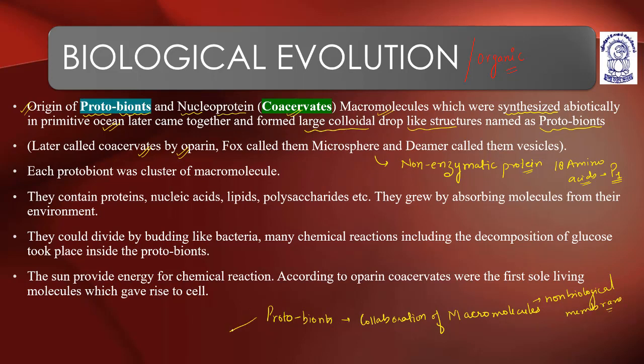Speaking specifically, these protobionts or primitive forms don't have the capacity to duplicate, to replicate, or to divide. So when these protobionts experimentally lead to the production of membrane-bound vesicles, they are known as protocells.